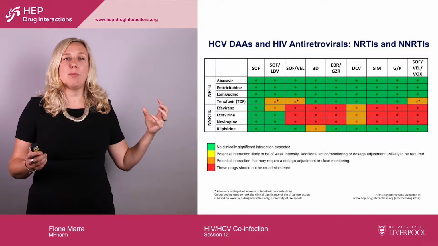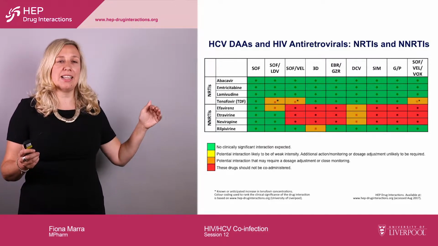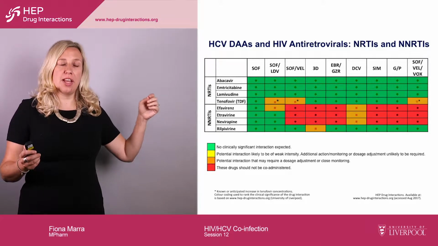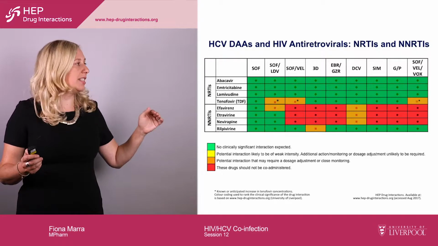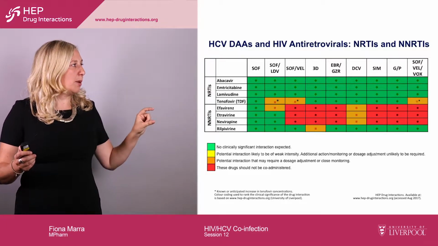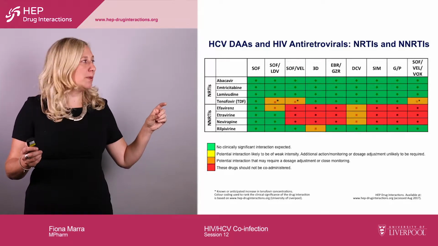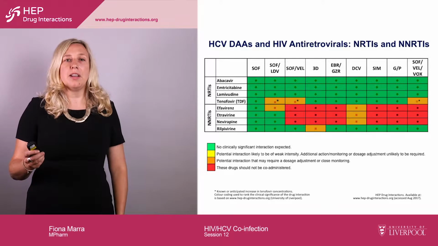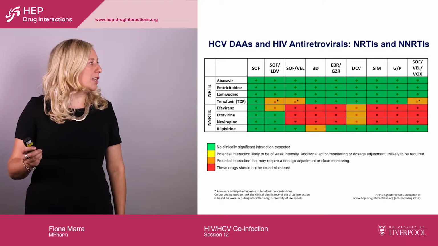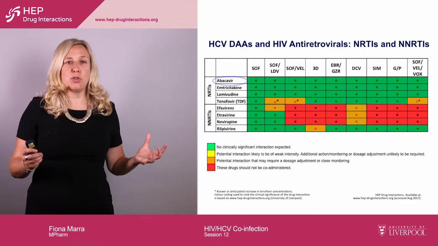So these would be not recommended or contraindicated. And we see here, because of the NNRTIs, it's likely due to the induction because of the efavirenz or other NNRTIs, where we have not recommended with sofosbuvir, glecaprevir, pibrentasvir, simeprevir, elbasvir, grazoprevir, the AbbVie 3D combination, and sofosbuvir, velpatasvir, and some other ambers in as well.